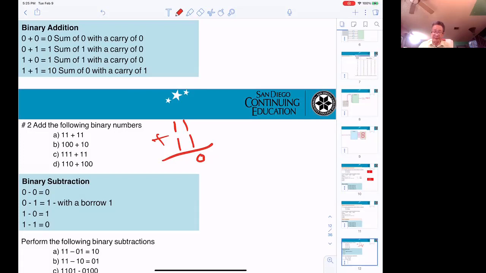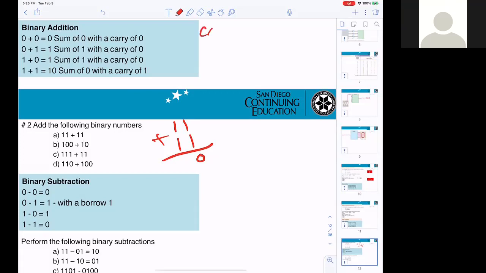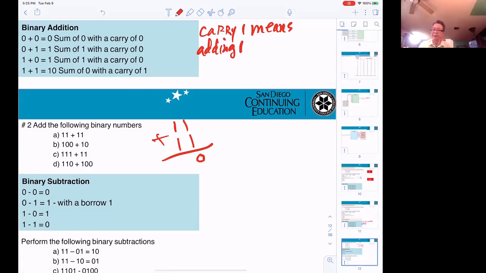Carry 1 means adding 1 to the next column. And then 1 plus 1 plus 1 equals 1, carry the 1 to the next column.